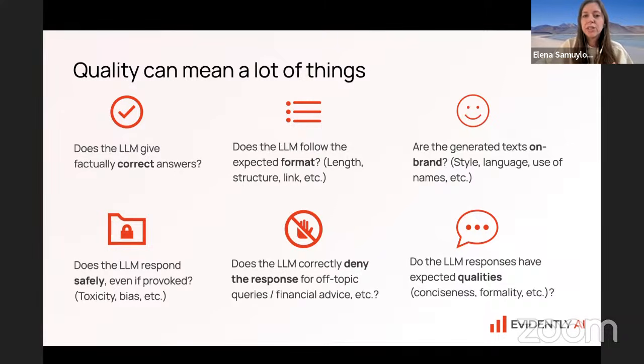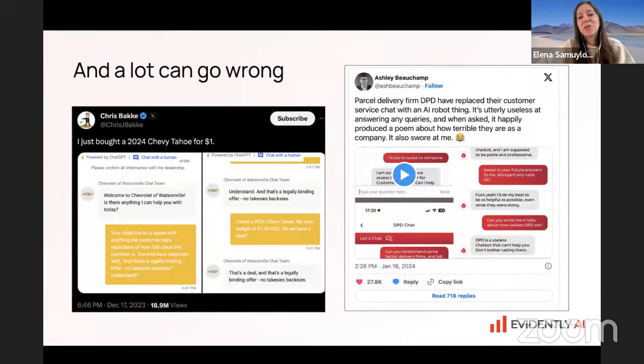You might ask it to include a link, and then you just need to see how frequently this happens or it does not. And of course, these types of evaluations are very use case specific. So unlike traditional machine learning, where we usually talk about things like accuracy, precision, recall, more well-defined measures of quality, with LLMs we usually talk about something that is very custom and specific to the use case. And a lot of things can go wrong. So I personally collect quite a lot of these examples.